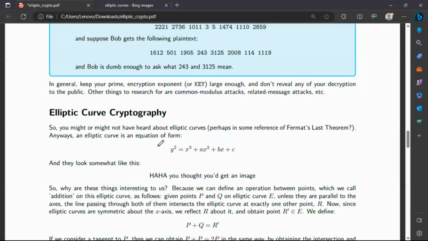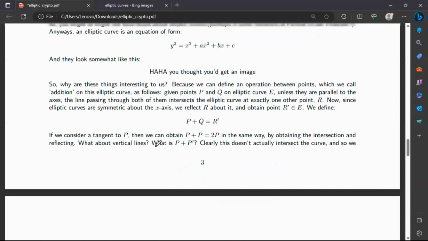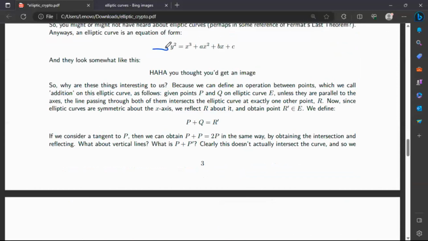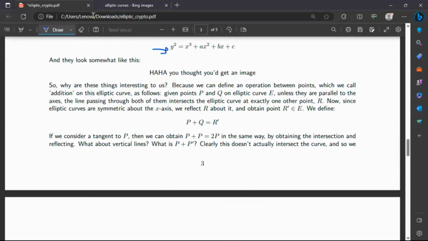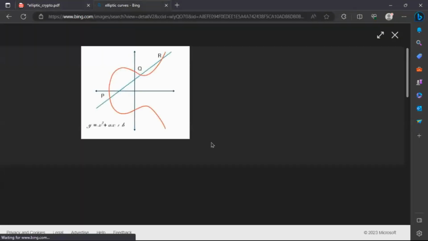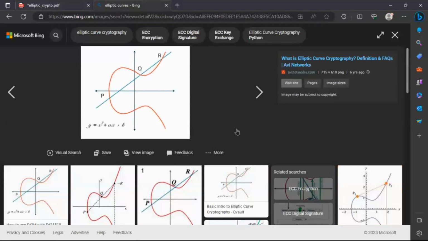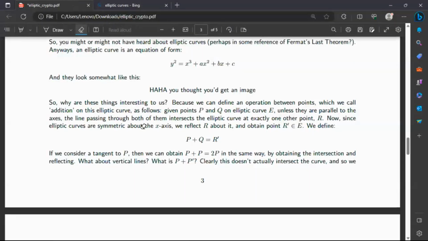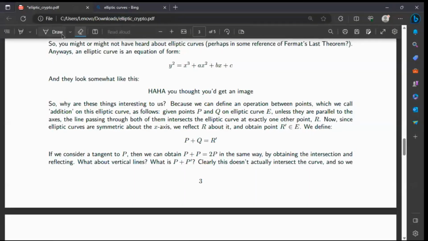So, anyways, an elliptic curve is an equation of the form y squared equals x cubed plus ax squared plus bx plus c. It looks like this. This is an elliptic curve. We'll come back to what P, Q, and R and the line between them are right now.